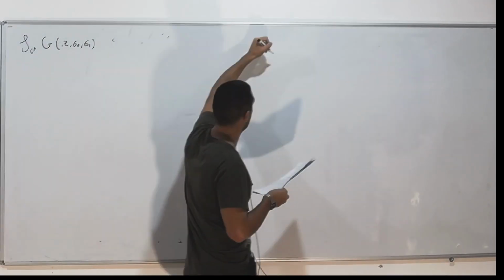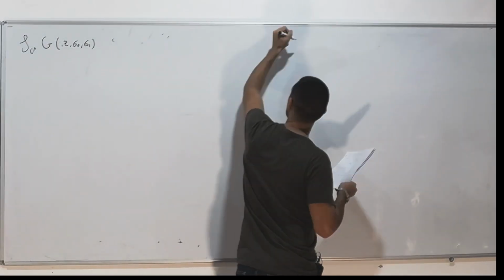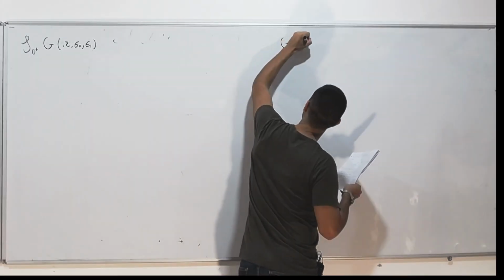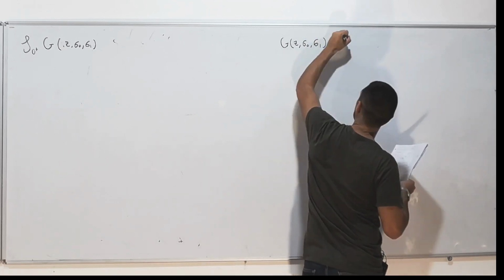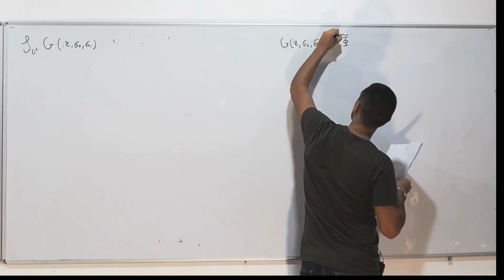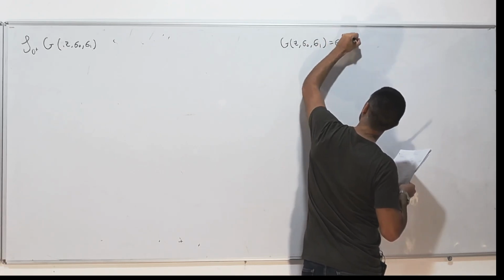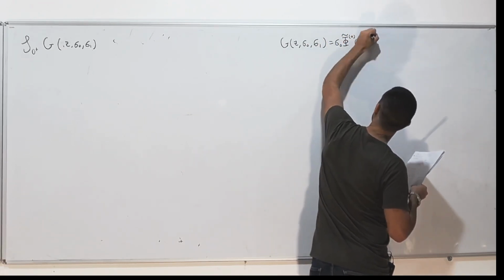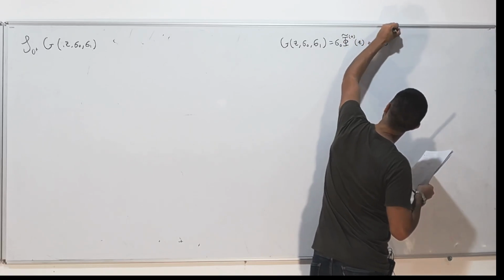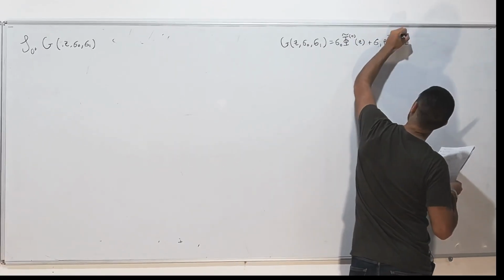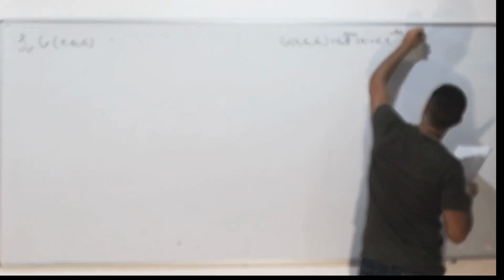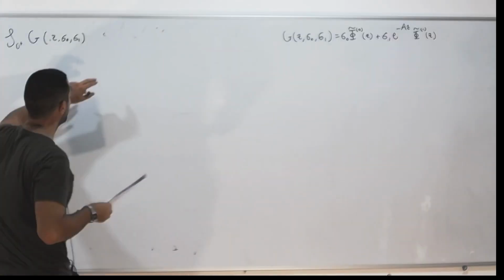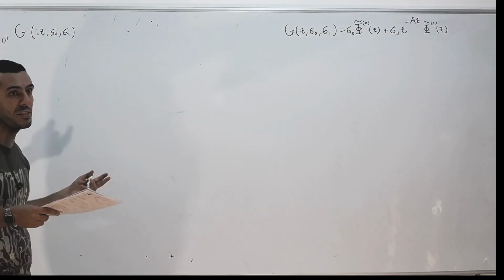Let me write down again what G was. So our trans-series was packaging together both the non-perturbative and the perturbative solutions with some parameters sigma 0 and sigma 1.